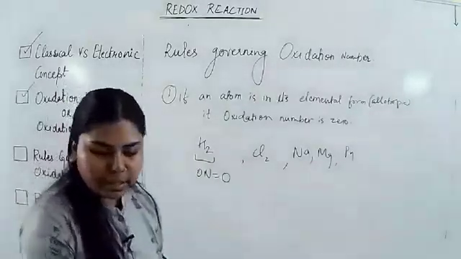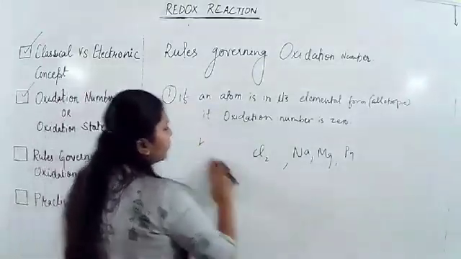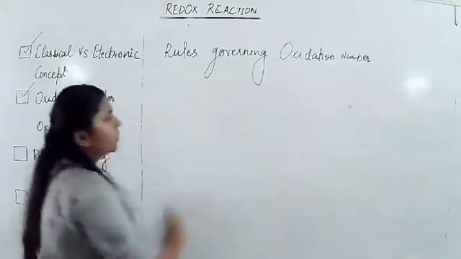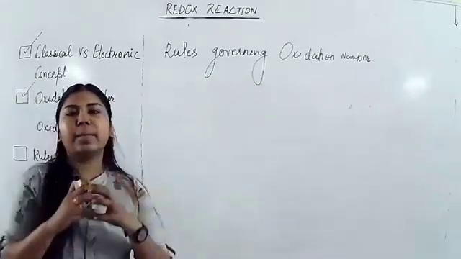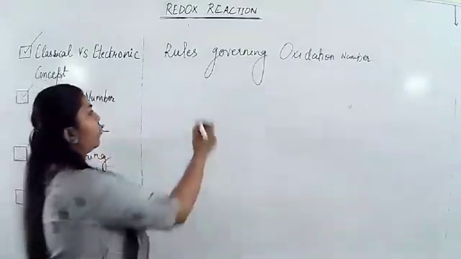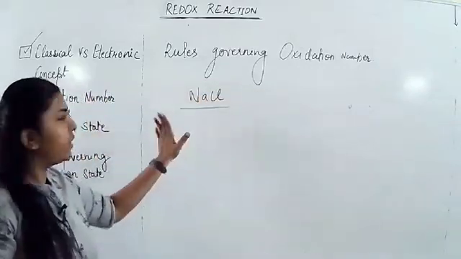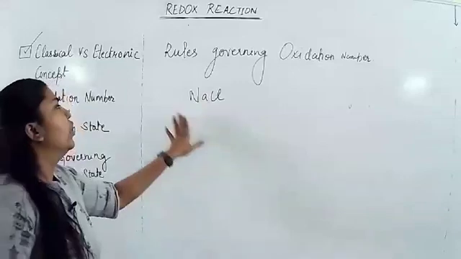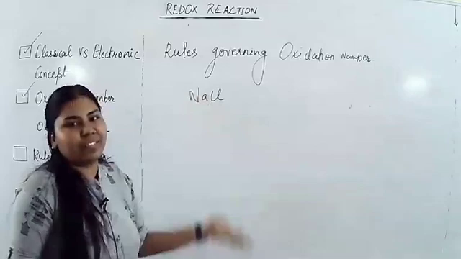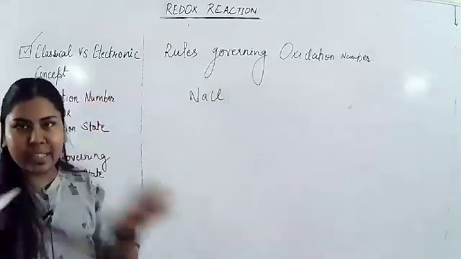Now let's see the next rule. If a compound is neutral, like sodium chloride, which is neutral and has no charge, it's not an ion, it's a compound. The sum of the oxidation numbers of these two atoms will be 0, because the whole compound does not have any charge or apparent charge on it.